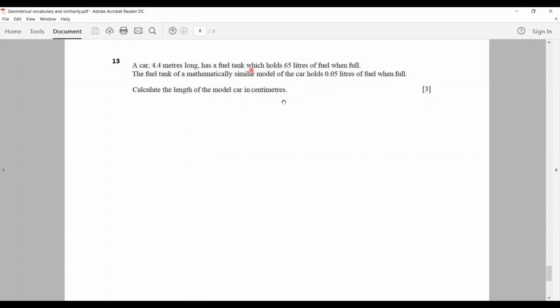So again, it would be wrong to solve this using ratios or the unitary method. That is absolutely wrong. I'm going to find k cubed, the scale factor cubed, by dividing these two numbers together. This time I'm going to use the smaller one on top over 65. This is my k cubed.